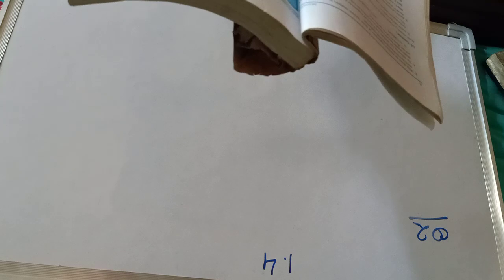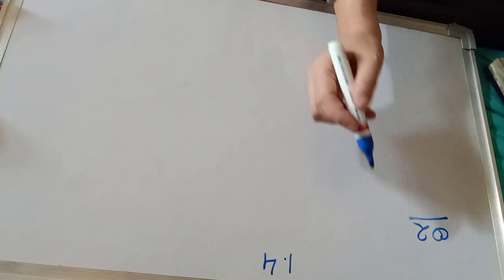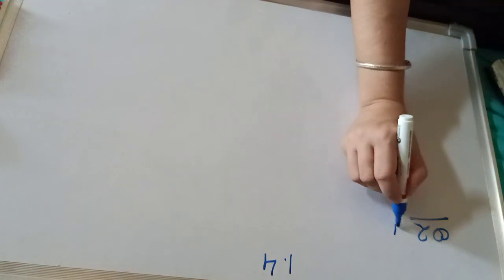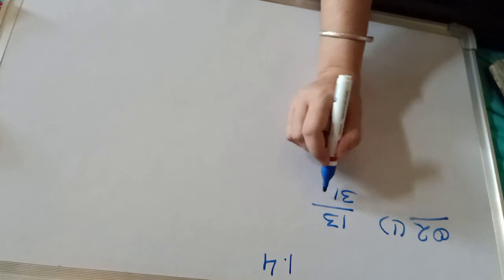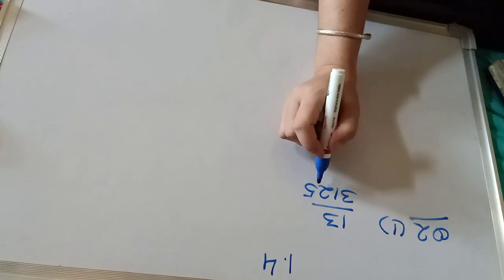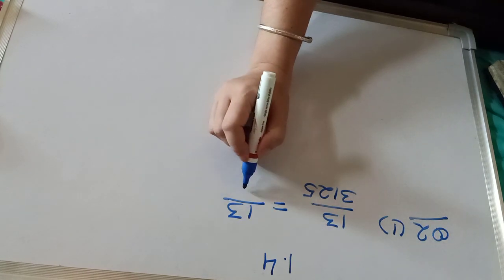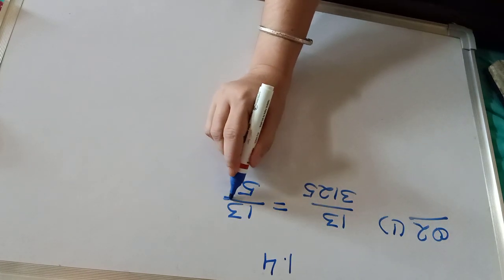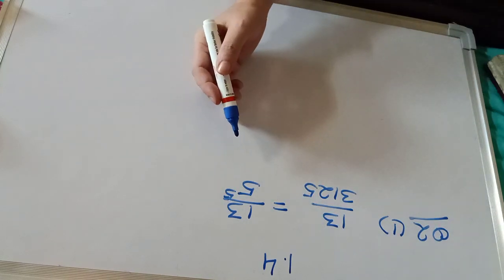You need to convert the terminating decimal expansion into rational numbers. So let us start. In question number 2, it was your 13 upon 3125. That can be written as 13 upon 5 raised to power 5, and its decimal expansion was terminating decimal expansion.